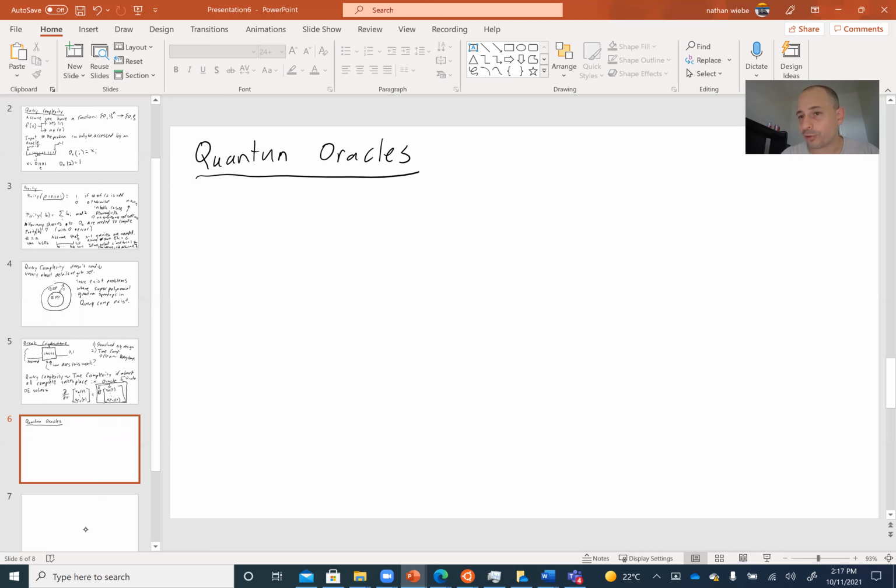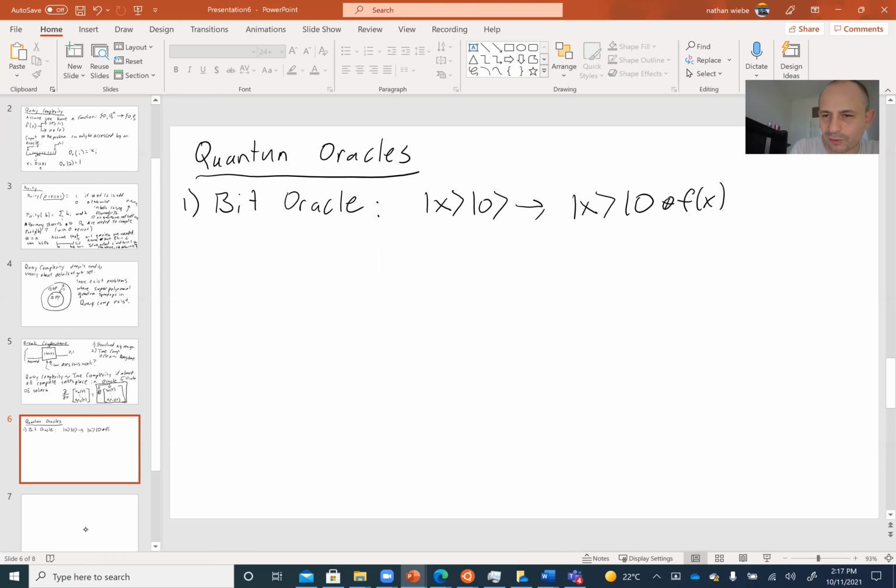There are multiple correspondences between classical deterministic oracles and quantum oracles. The first type of quantum oracle that we can consider, which is most strongly analogous to this, is a type of oracle that we call a bit oracle. What a bit oracle does is it will take an input x and 0 in here, and then output x, 0 exclusive or function of x.